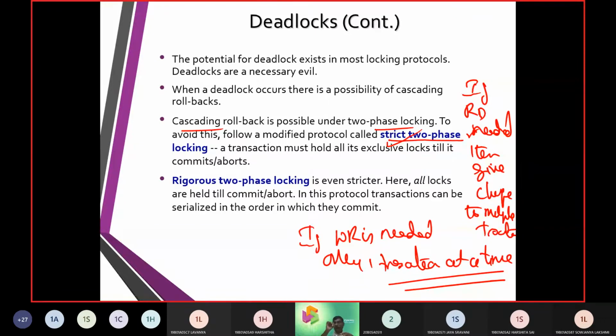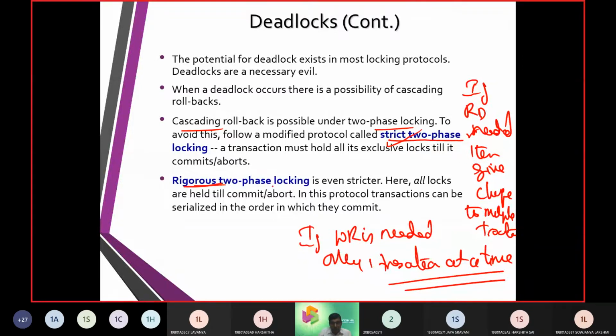If I want to go for a read operation, then multiple transactions can do it at a time, so we are going to permit that.